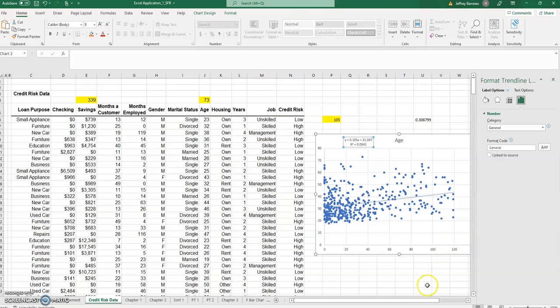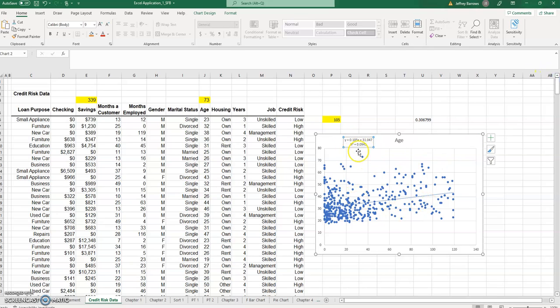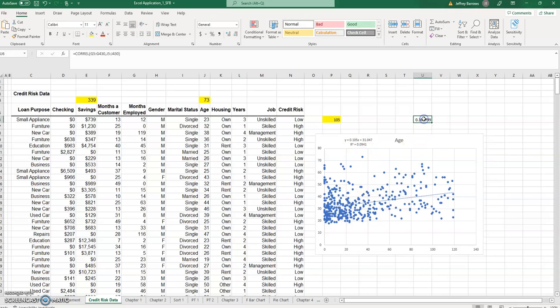And what you get when you do this is the equation of this line, given the data, is 0.105x plus 31.07. So actually the slope of this line is 0.105. What the correlation coefficient is measuring is how strong overall is the linear relationship between months employed and age.